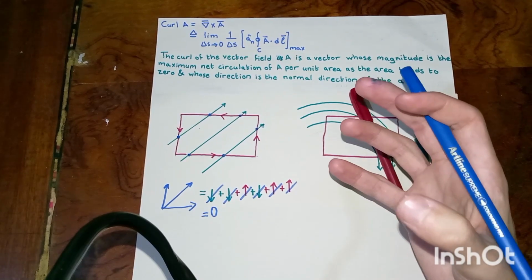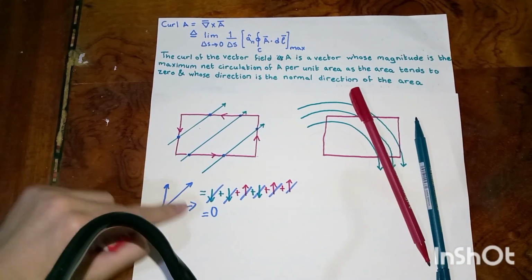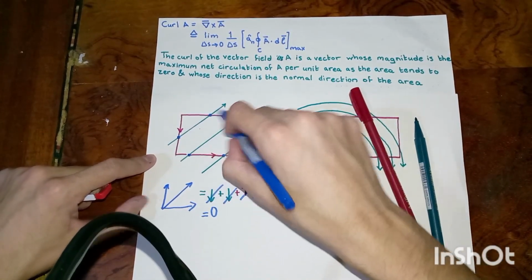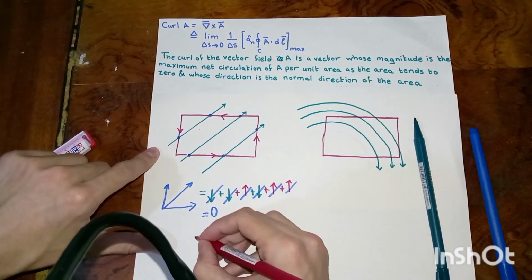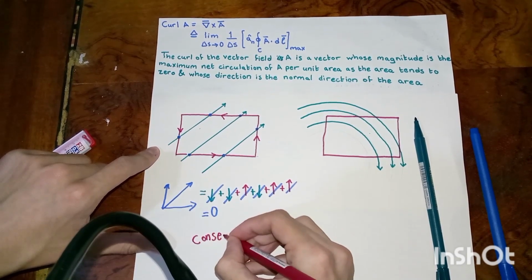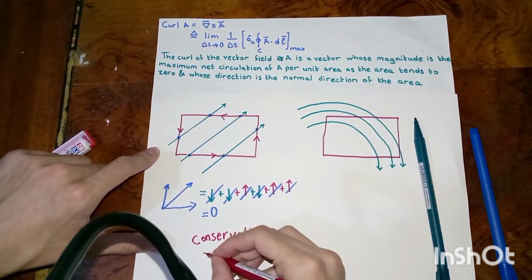It's telling us about the net circulation of this vector field around the closed path. And as the answer is 0, this field is not circulating around this path. This vector field is known to be conservative, or irrotational.